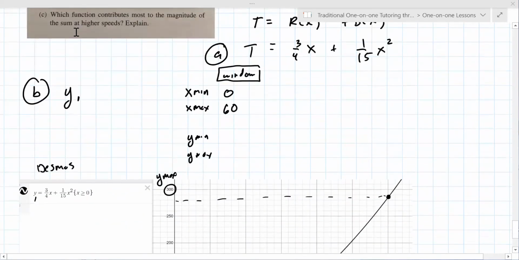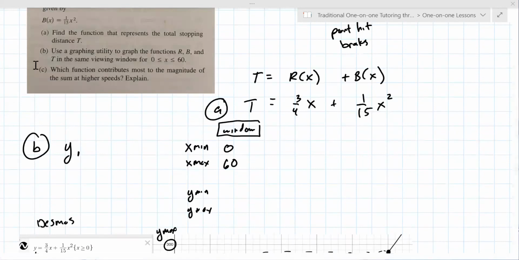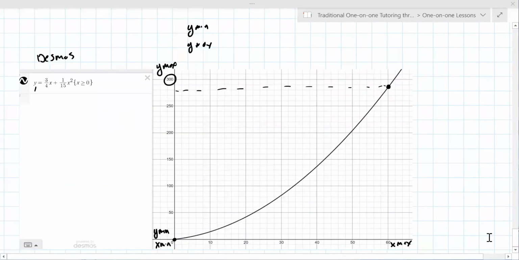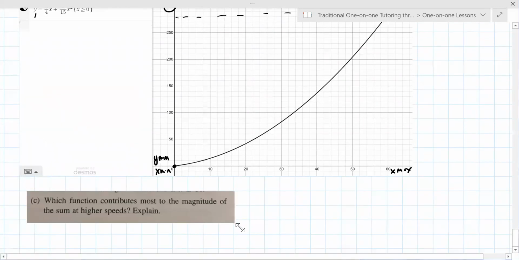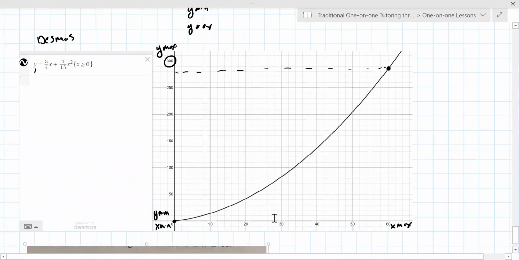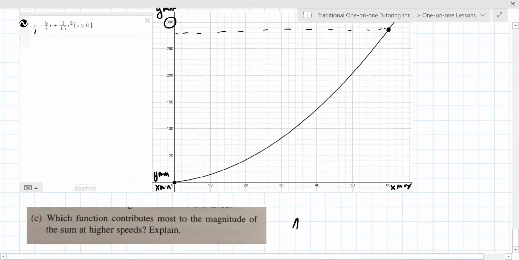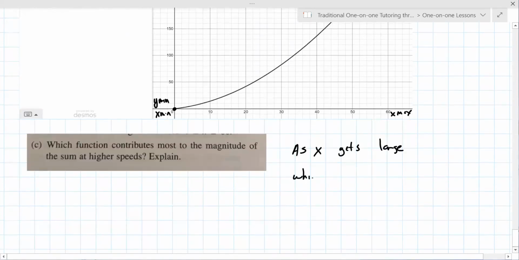So part C says which function contributes most to the magnitude of the sum at higher speeds? This is one of those interpret questions that you see all the time in your classes. Basically, it's asking as x gets large, which grows faster? And your choices are x or x squared.